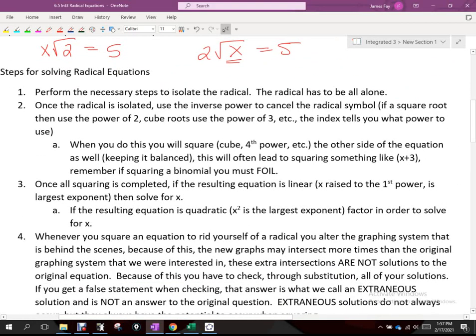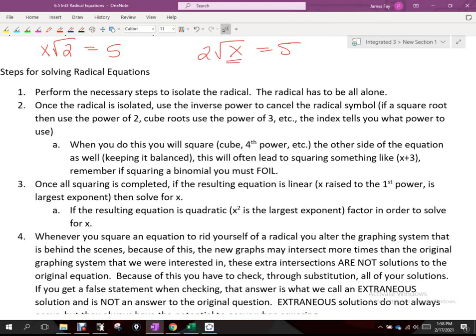All right, so here are the steps. First thing you have to do is isolate the radical. Before you square things, you have to isolate the radical. If you do not do that, you're going to create a messier, more confusing problem, and you're just going to get deeper and deeper into radical work.